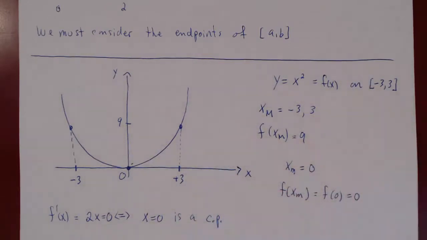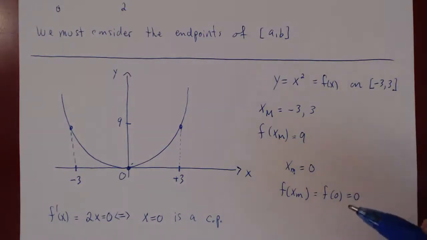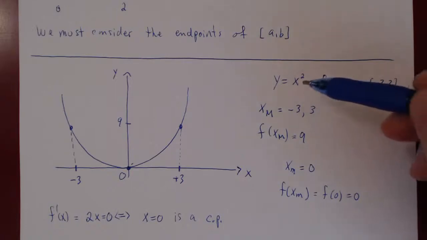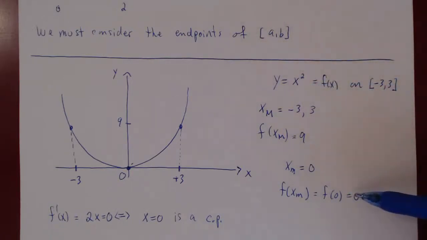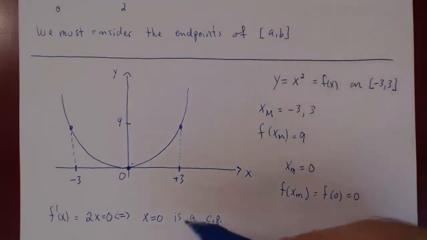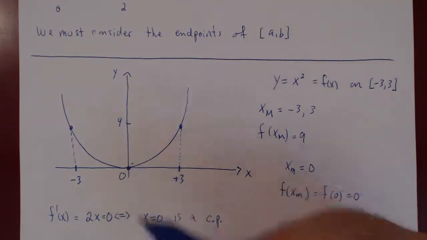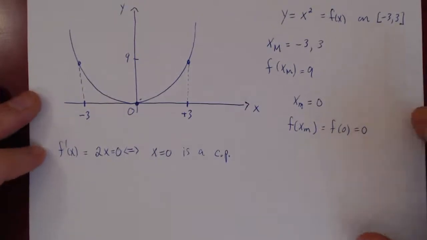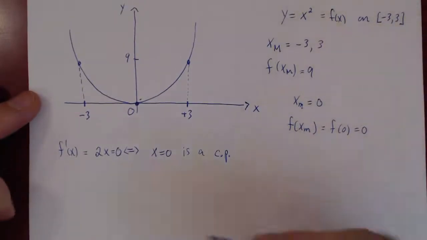So obviously, critical points are points that must be considered, because as we can see in this example, the function x squared does attain its minimum value at x equals 0, which is a critical point of the function. So we also have to consider critical points inside, of course, the interval.